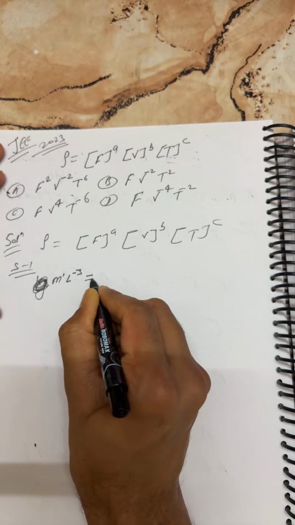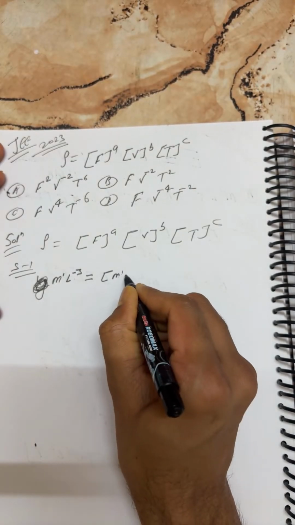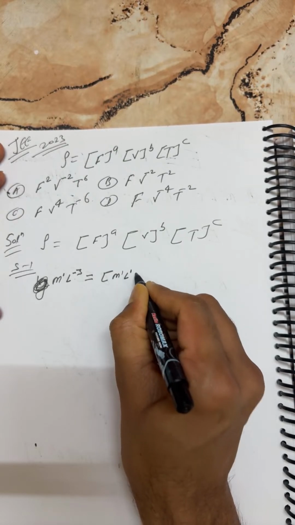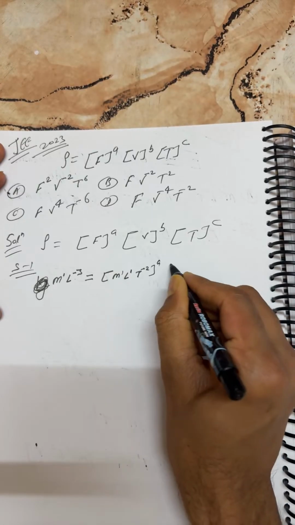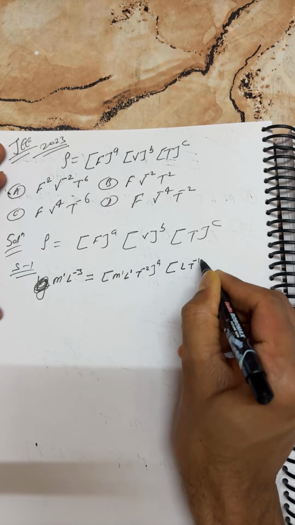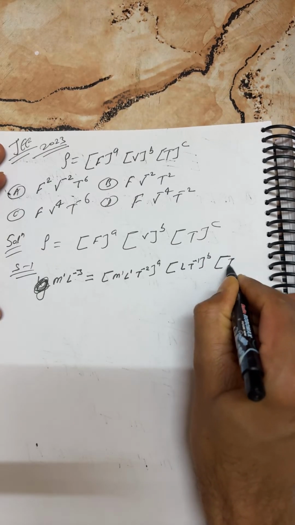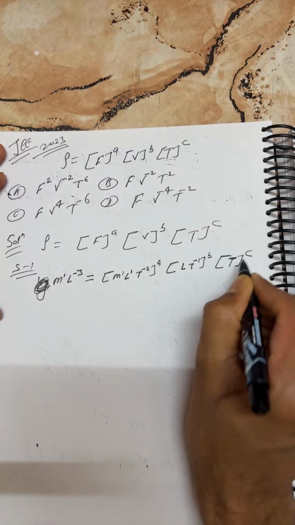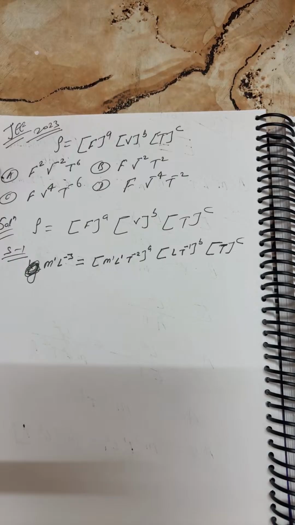Force is M1 L1 T minus 2 to the power a, velocity is L T minus 1 to the power b, and then T to the power c.